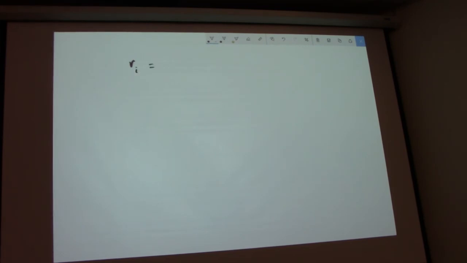So let's define Ri to be the number of random trials before seeing i distinct coupons.